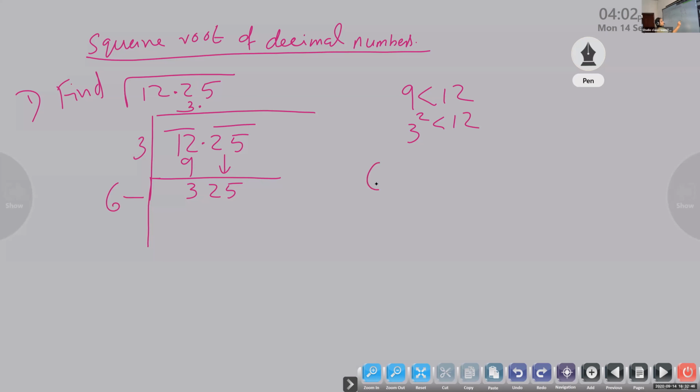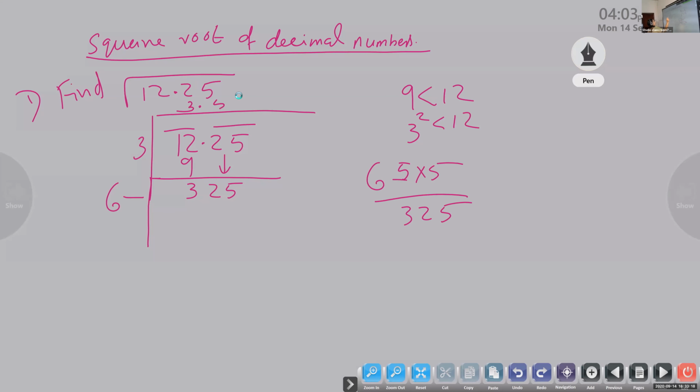Find the number which will give 325. 65 into 5 is 325.